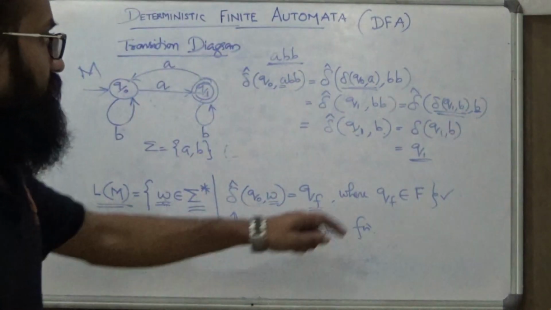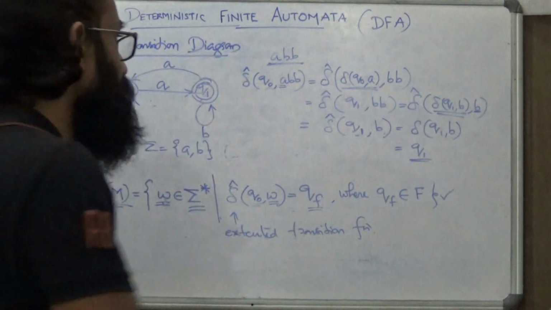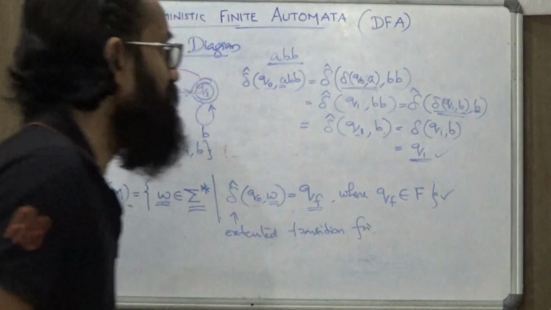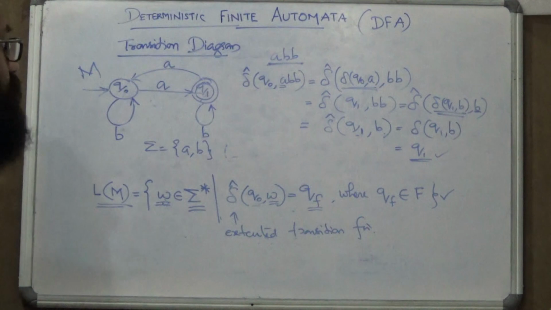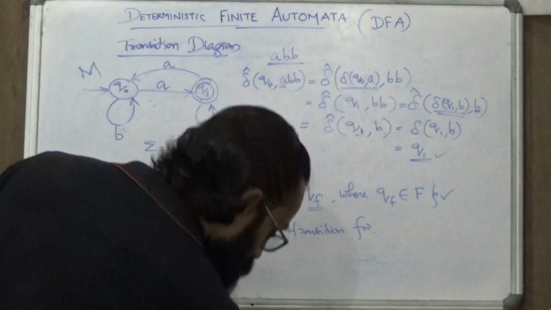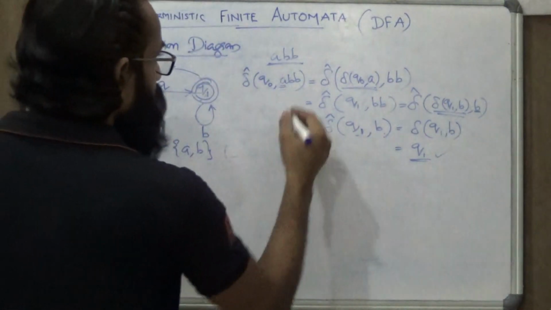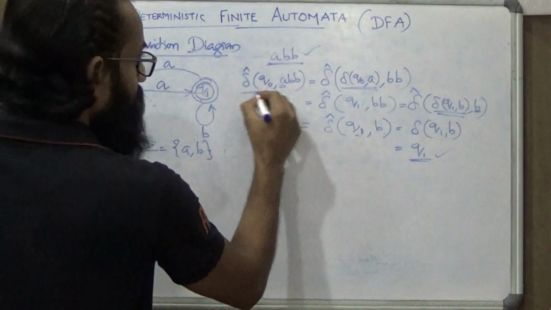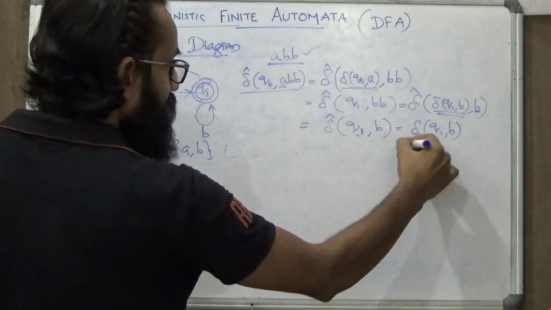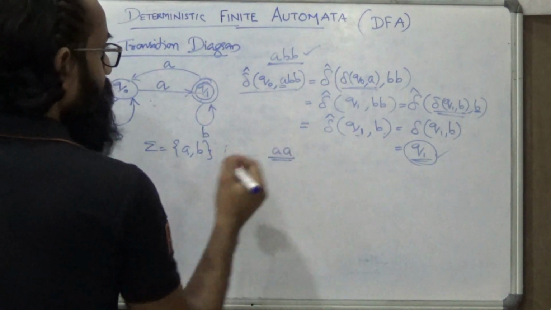And check whether it ends up in a final state. Since Q1 is a final state, this string is said to be accepted. If I take input string AA, this string is also accepted because by applying the extended transition function, it will end up in a final state.